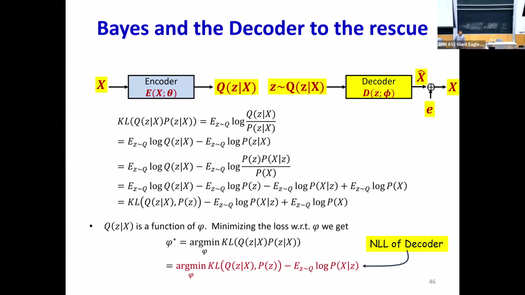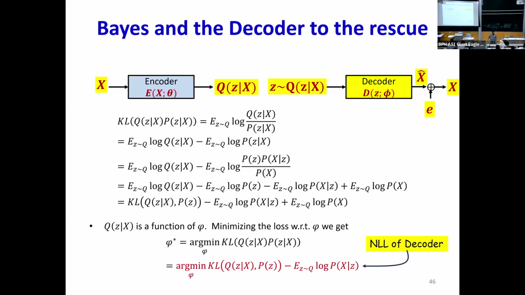It's not a function of any network parameters. So this really is not something that you would bother to minimize. The interesting thing is that the first two terms here are simply the KL divergence between the Q of z given x and P of z itself, the standard Gaussian. And the second term is simply the negative log likelihood of the distribution of x given z.